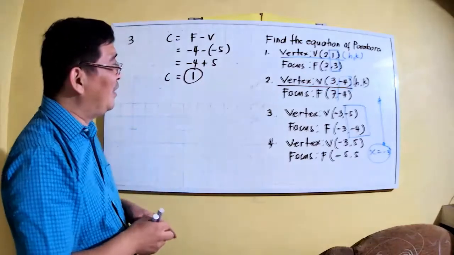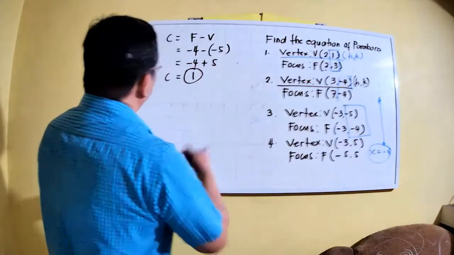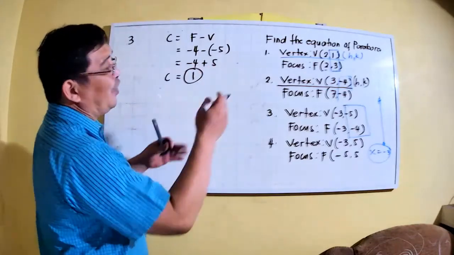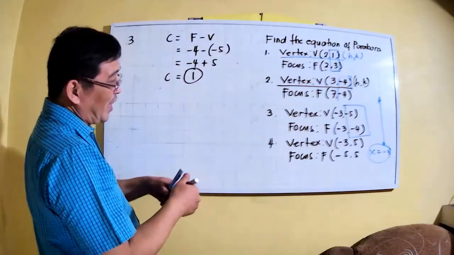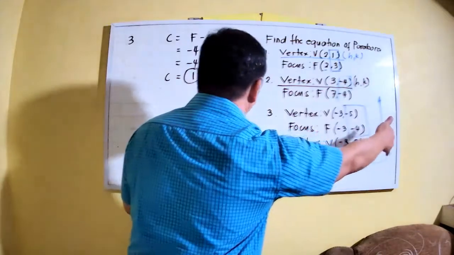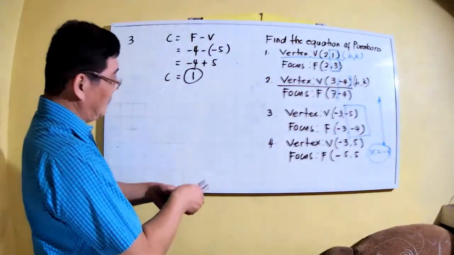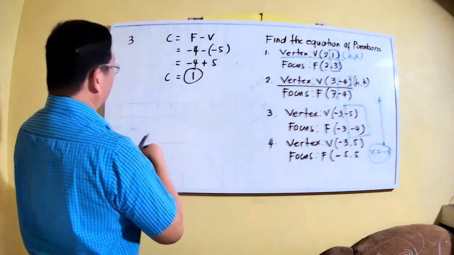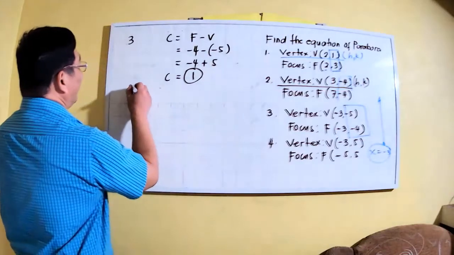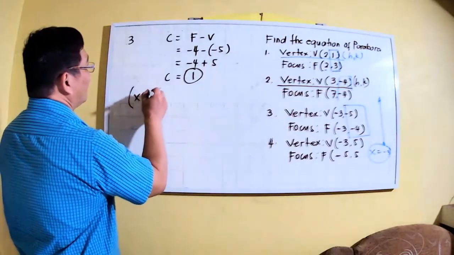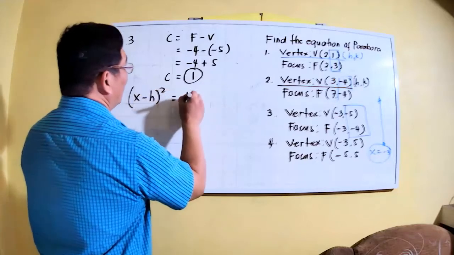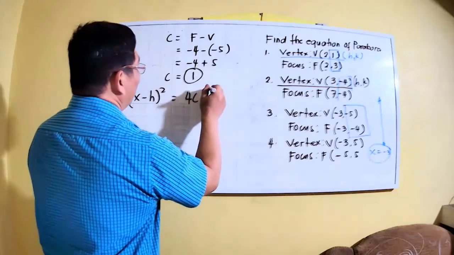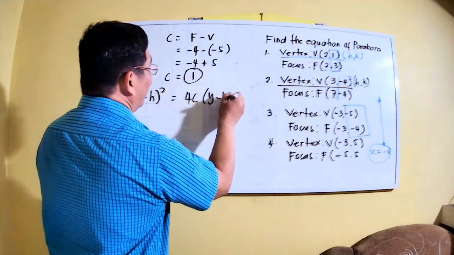So what we have here is an equation because it is vertical. So axis of symmetry is vertical. We are going to use a formula that is x minus h squared is equals to 4c times y minus k.